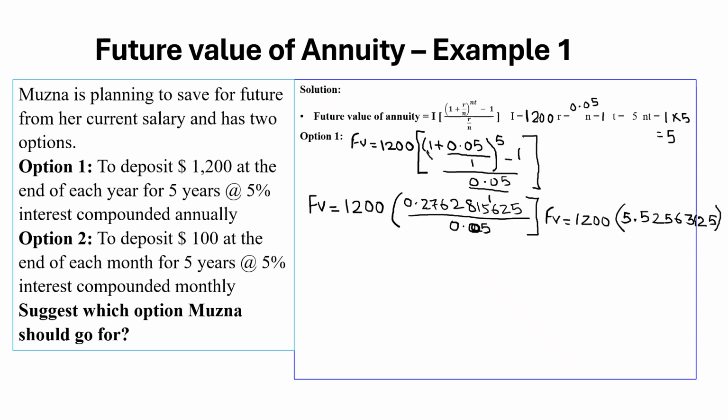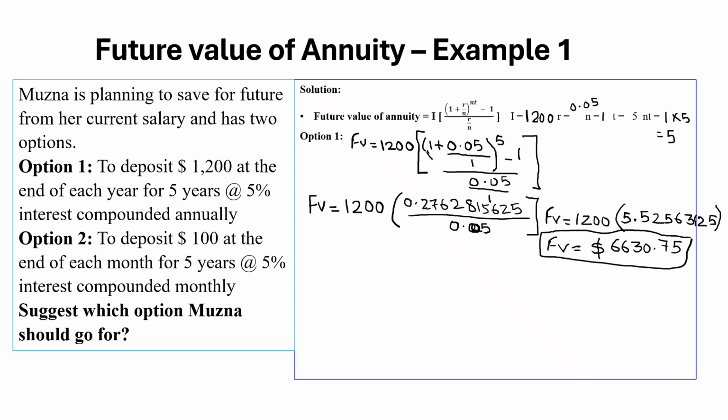Now when you multiply 1200 by 5.52563125, our value for option 1 is $6630.75. So this is my option 1.